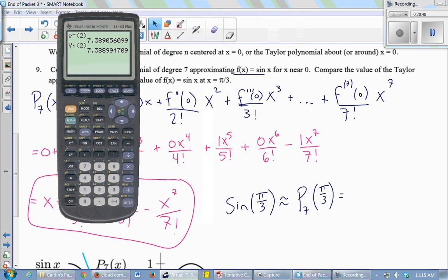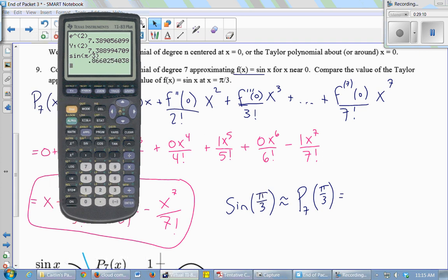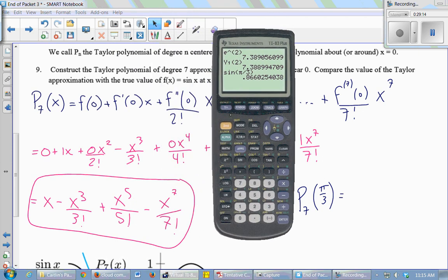We all know that the sine of pi over 3 is root 3 over 2, right? And we've plugged that into our calculator so many times, you know that that's about 0.866. But I'll type it in anyway. Sine of pi over 3 is about 0.866.